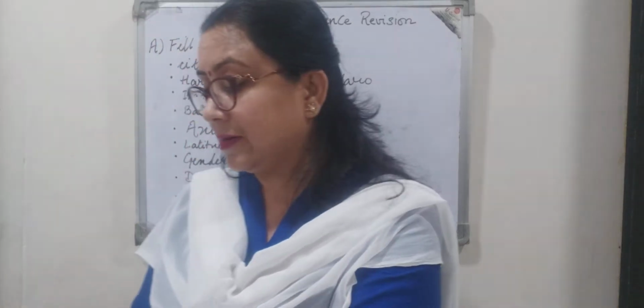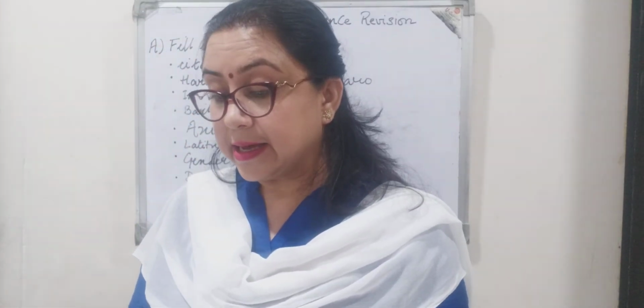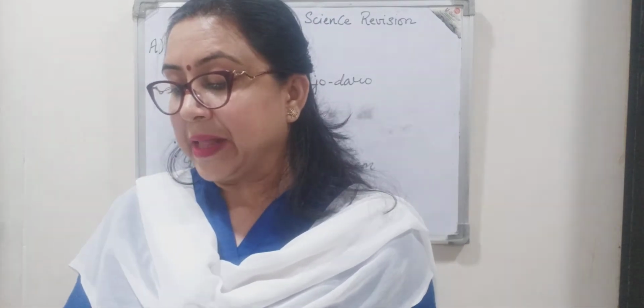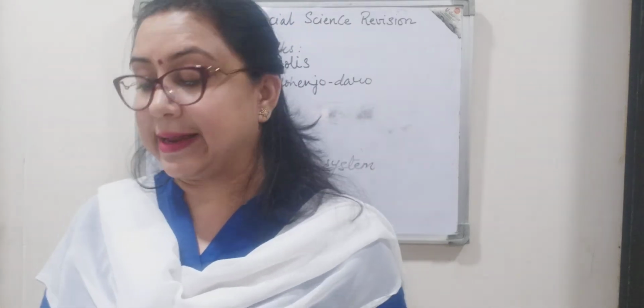Next question, explain in detail the parliamentary form of government. Again, a very important and an interesting question. In the parliamentary form of government, there are two heads. The head of the government is the Prime Minister, who is directly elected by the people as a member of parliament, and the second is the president, the head of the state, who is indirectly elected.